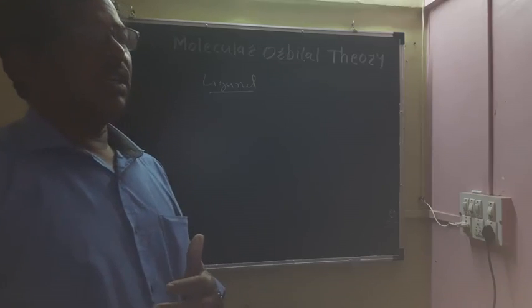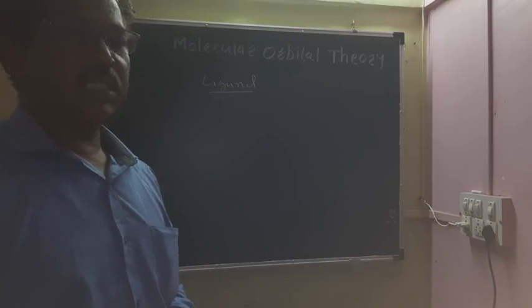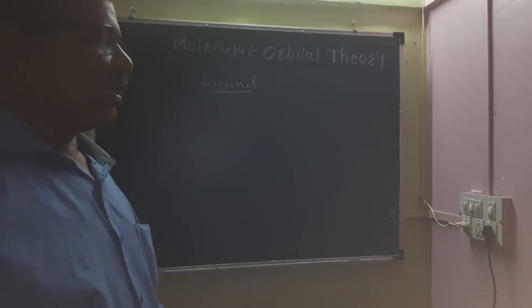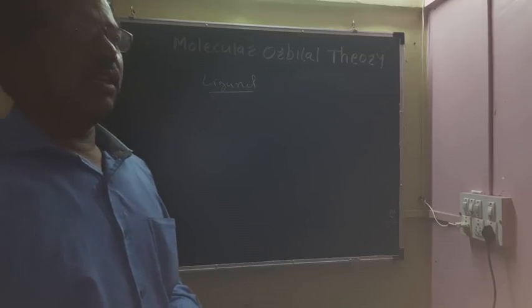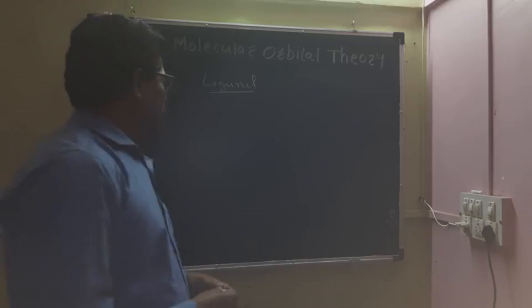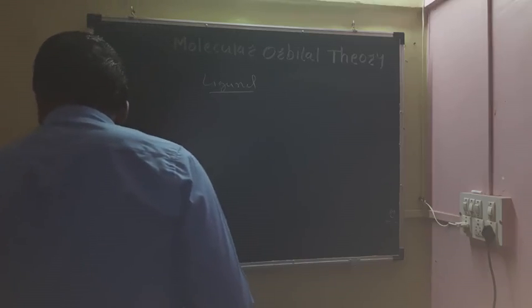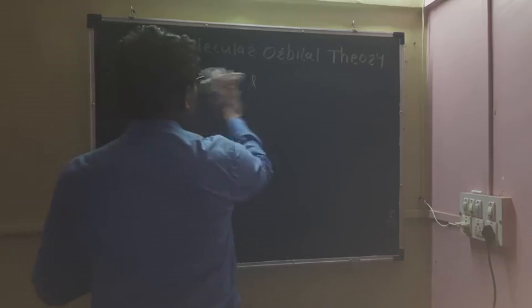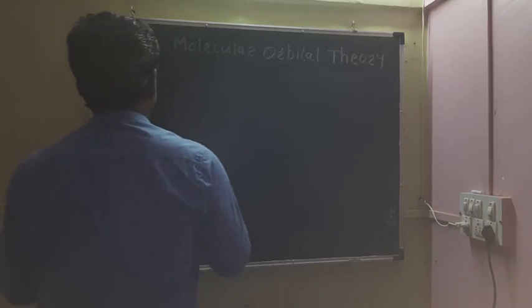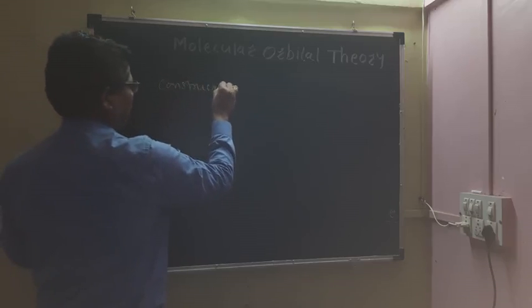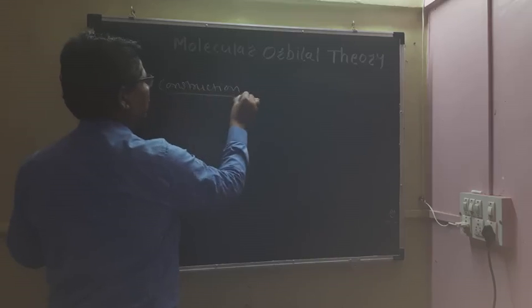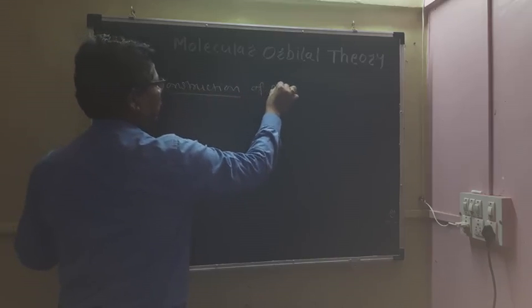Third, weak sigma donor and strong pi acceptor ligands, like carbon monoxide and cyanide. Then comes the construction of the molecular orbitals.